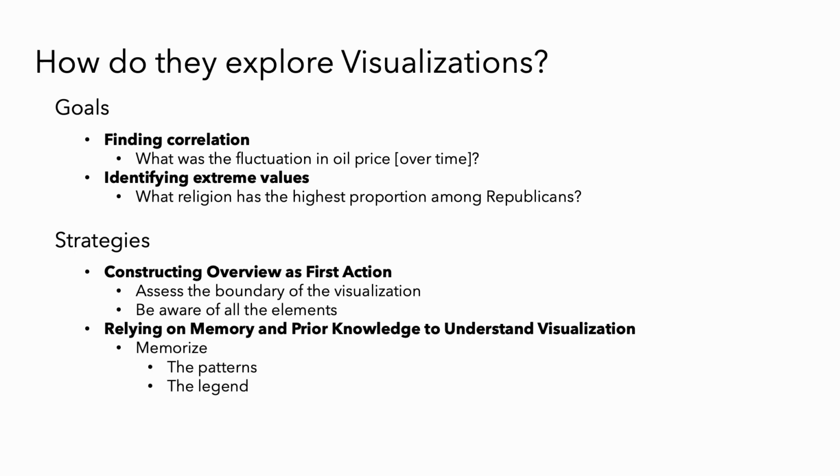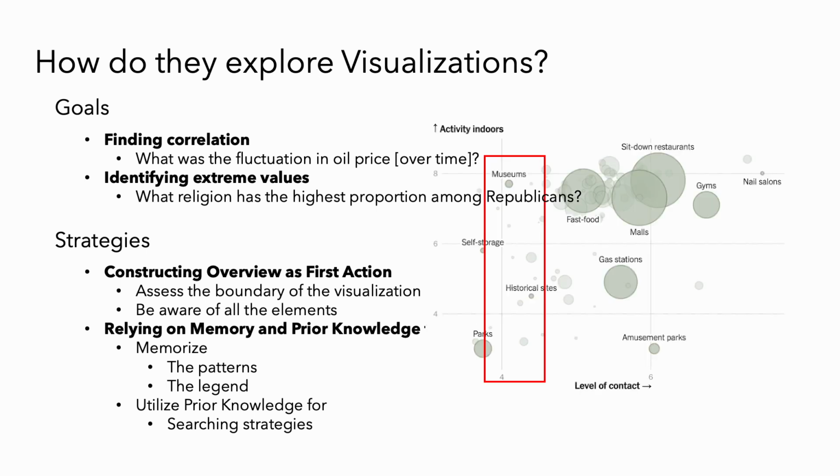What they typically did was memorizing the legend and patterns to avoid repeatedly checking, which can be quite time-consuming for them with a limited visible area. They may also utilize their prior knowledge to strategize their search. For example, a participant attempted to guess the museum's location regarding its level of contact, and then explore the area corresponding to this judgment to search more quickly.